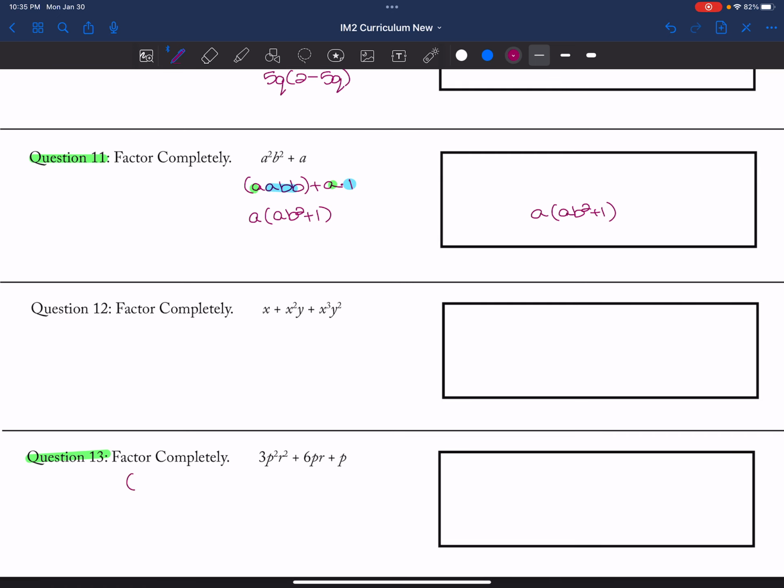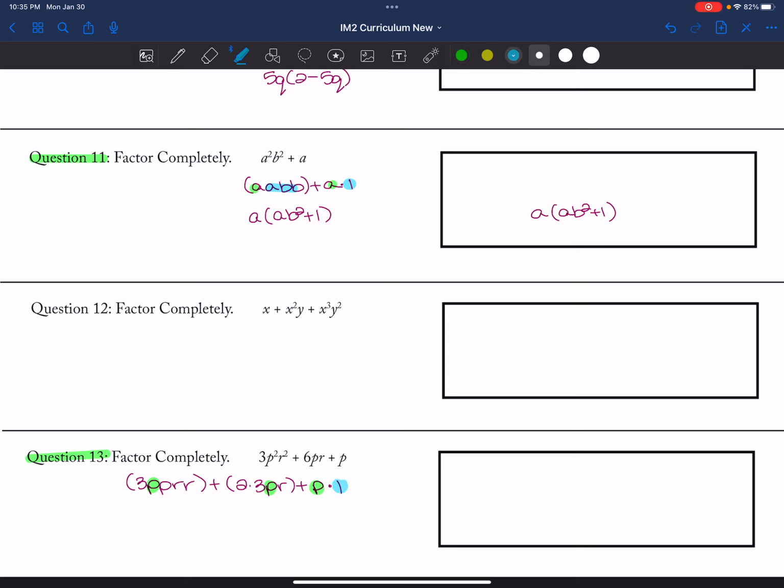Okay. 13, so this is 3 times p times r, plus 6, which is 2 times 3pr, and then plus p technically times 1. Okay, so now what do I have in common? I have not a 3. I have a p here, and a p here, and that looks like to be it.